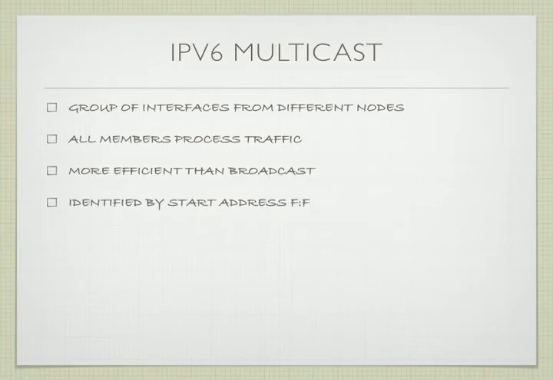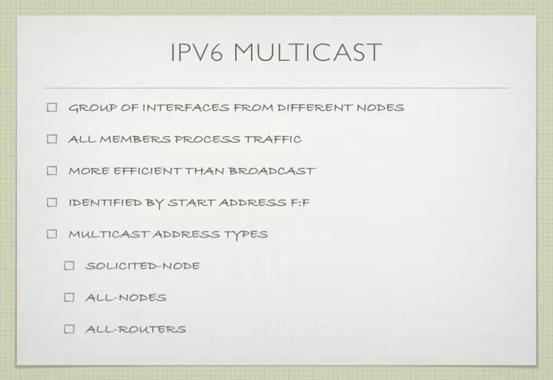So in IPv6, these are designated by the FF start of the IPv6 address. And there are 3 types of multicast. The solicited node addresses are for the neighbor solicitation messages, the NS.